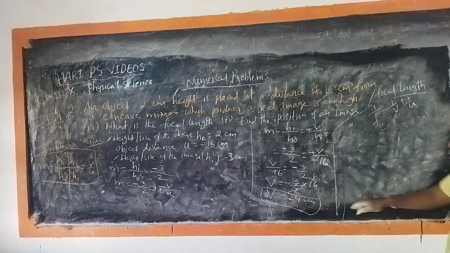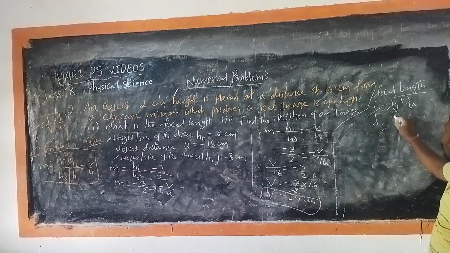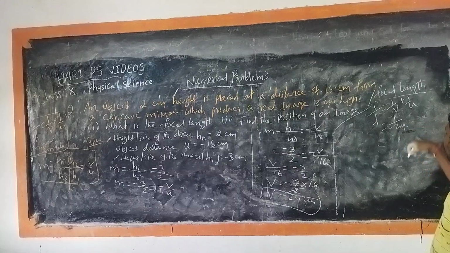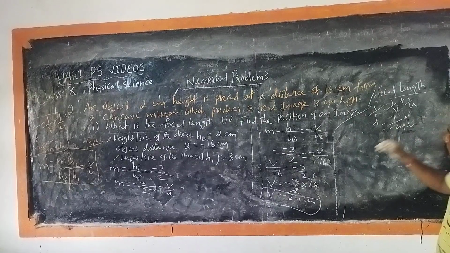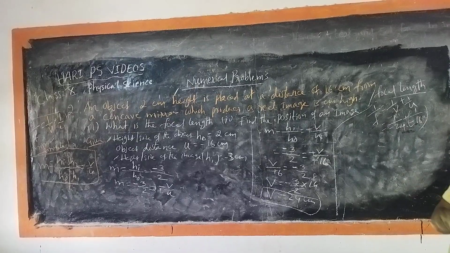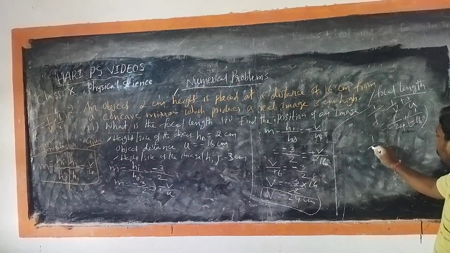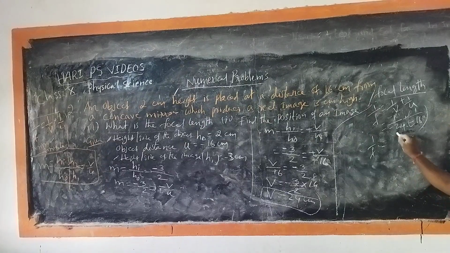Image distance is minus 24, so 1 by minus 24 plus object distance minus 60, 1 by minus 60. So 1 by f is equal to minus 1 by 24 minus 1 by 60.